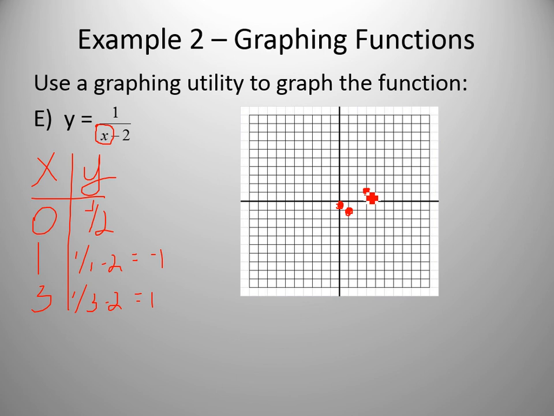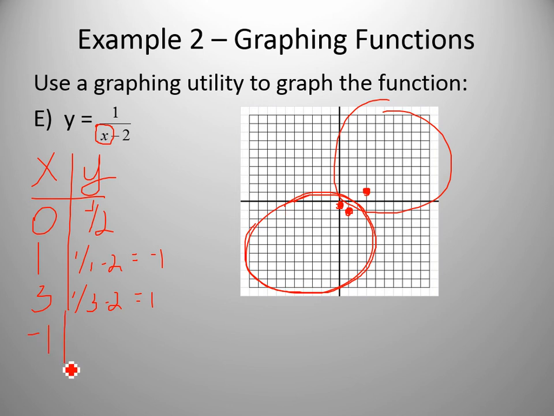So I'm kind of getting this point that's up here, I think this point's going to speak to this part of the graph that's up here, and I think these two are going to speak to this part of the graph that's down here. So maybe let me get another different number in for x here. To deal with this part down here, let me put maybe a negative 1 in for x.